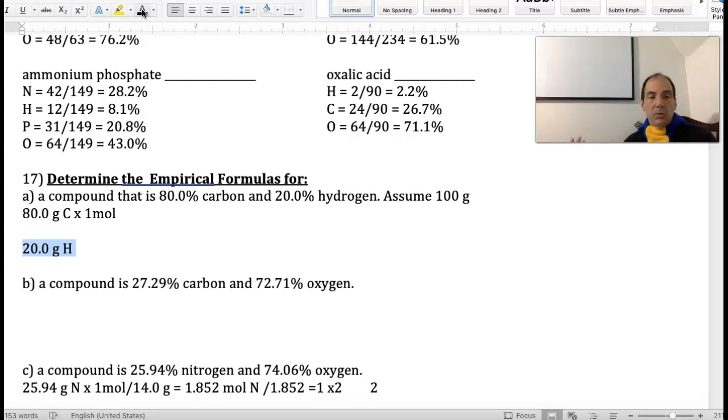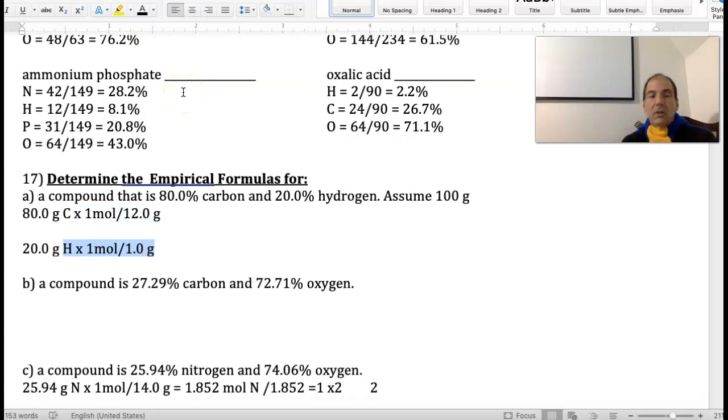Okay, so long story short, we're going to convert to moles, and that's what I started doing here. If we look up the molar mass of carbon, 1 mole of carbon is about 12 grams, and 1 mole of hydrogen is 1 gram. So those are just the molar masses.